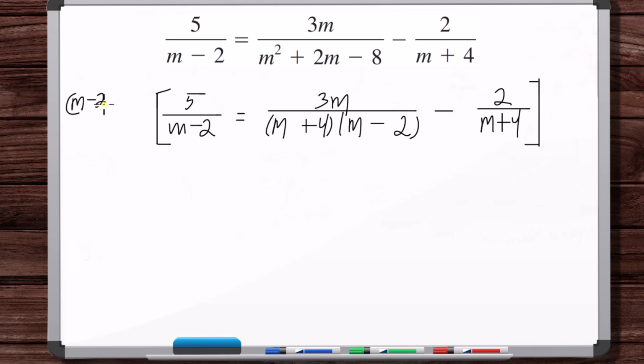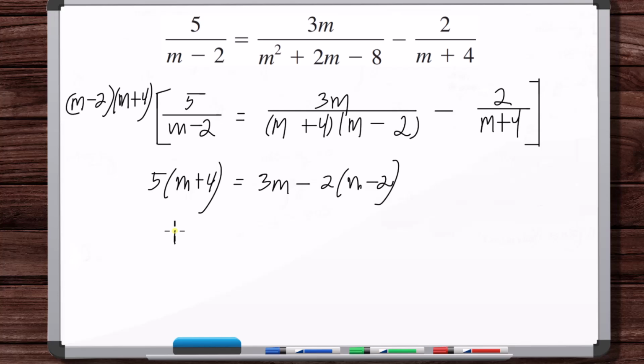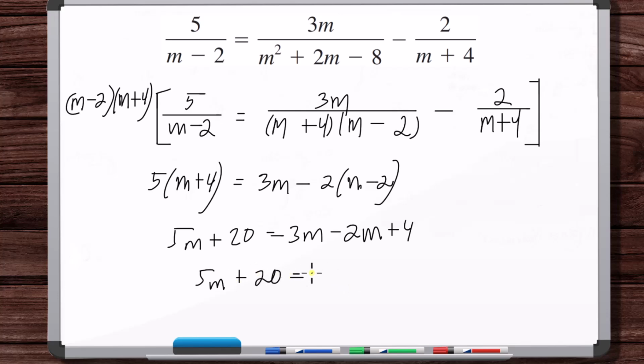M minus 2, M plus 4. Okay. So we've got, there we go. So 5M plus 20 is equal to 3M minus 2M plus 4. So 5M plus 20 is equal to M plus 4.